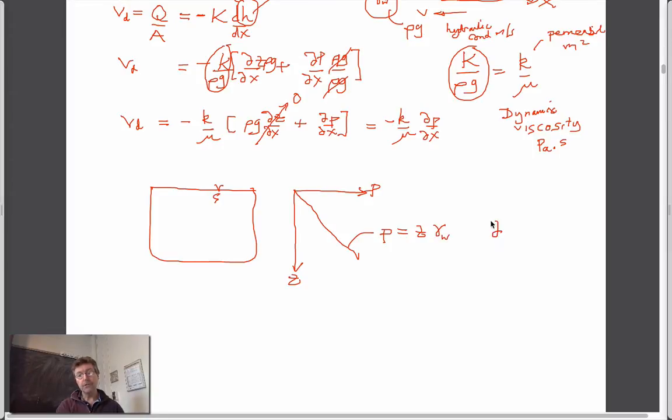Or you also know that the change in pressure with elevation is just the derivative of this. I guess it would be a minus. No, it would be plus. Now, let's do z upwards again. So this is negative. This is positive. If we do that, then this is true, and this is true.